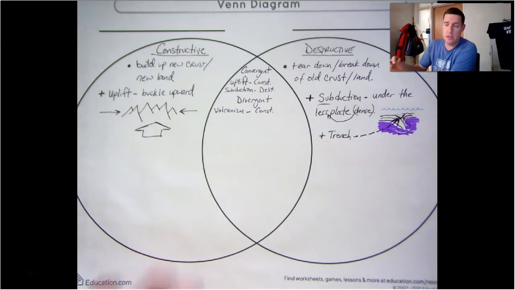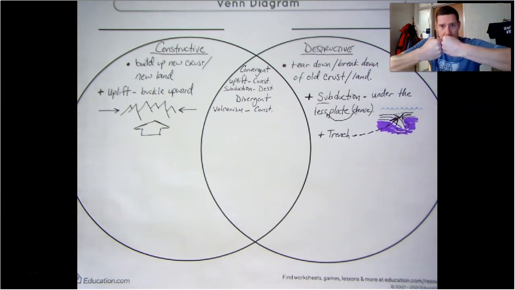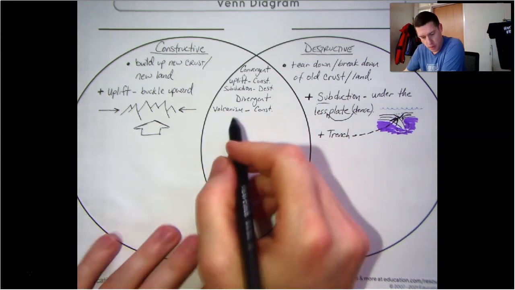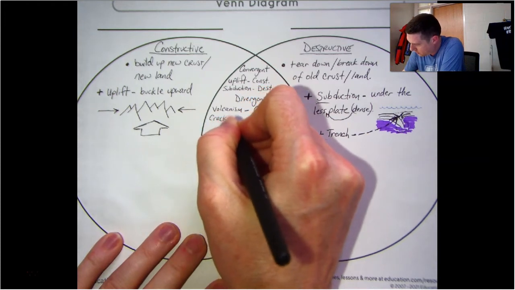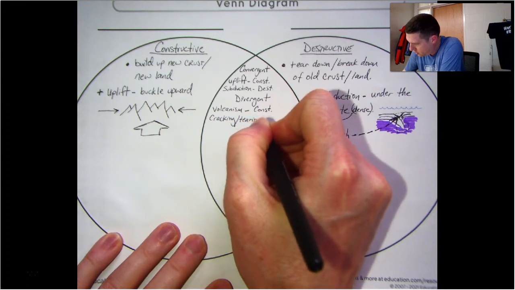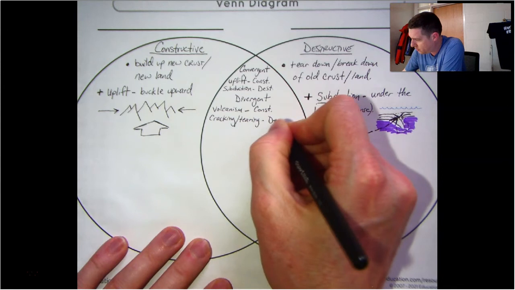Now, obviously, what would be destructive about a divergent boundary? It's that tearing or ripping open of that old crust to allow that volcano to do what it does. So for divergence, it's that cracking and tearing open of the plates at that boundary. That's destructive.